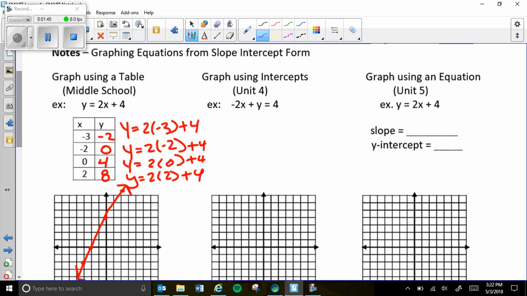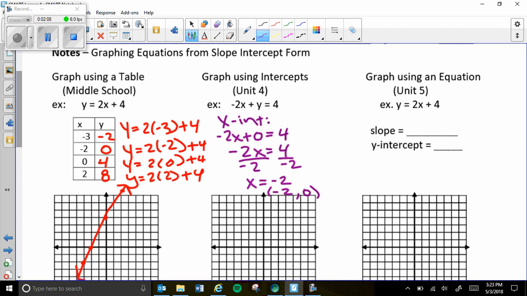In order to solve for the x-intercept, I plug in 0 for y, which leaves me with negative 2x equals 4. Divide by negative 2 on both sides, x equals negative 2. So the ordered pair is negative 2, 0.